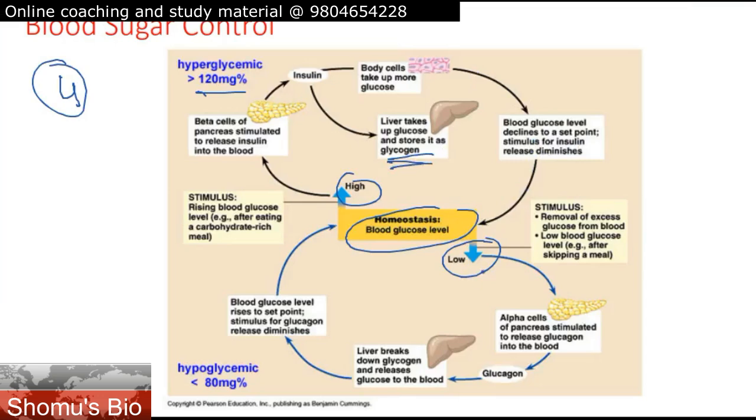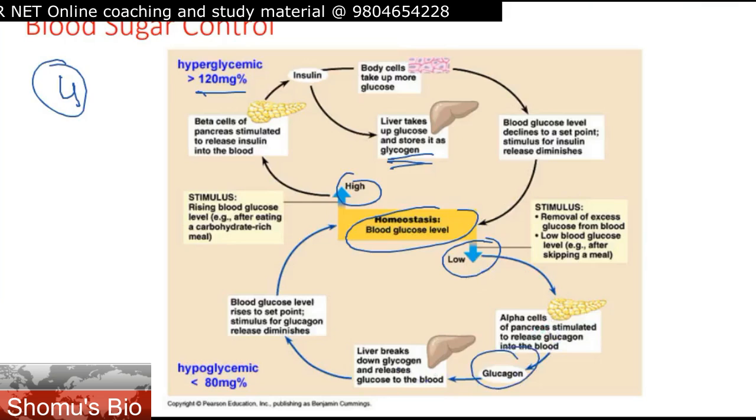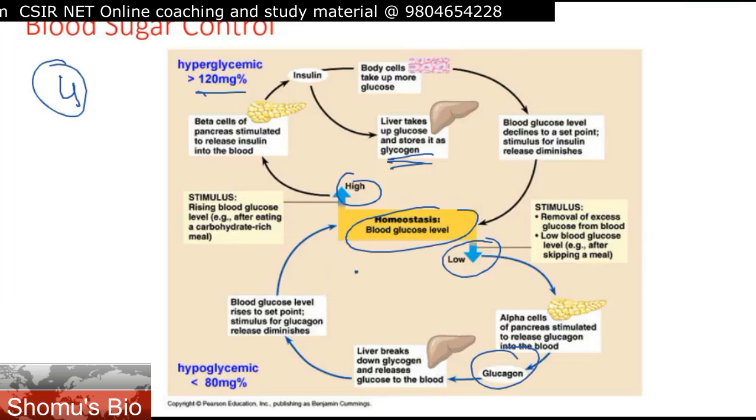If it does, the alpha cells of the pancreas are stimulated to release the hormone glucagon. The glucagon goes to the liver, and the liver breaks down the glycogen and releases glucose into the blood. Once the glucose is released into the blood, the blood glucose level is restored, and it is balanced again.